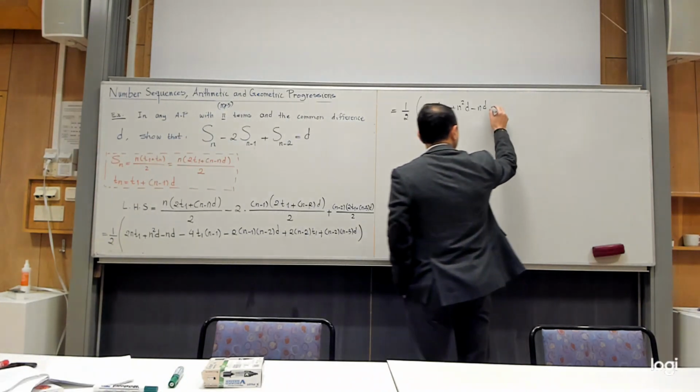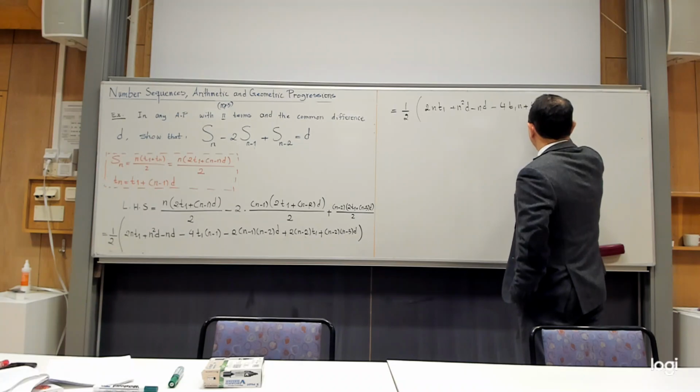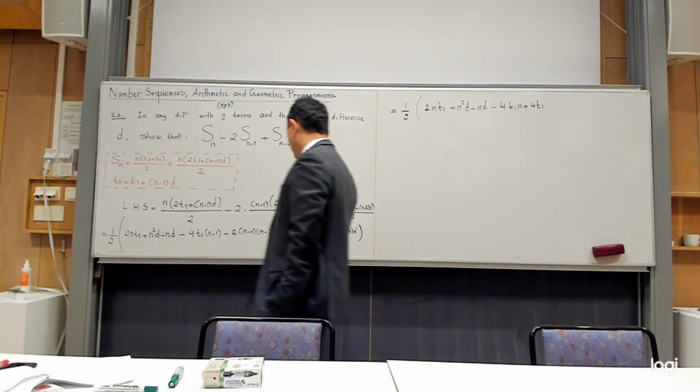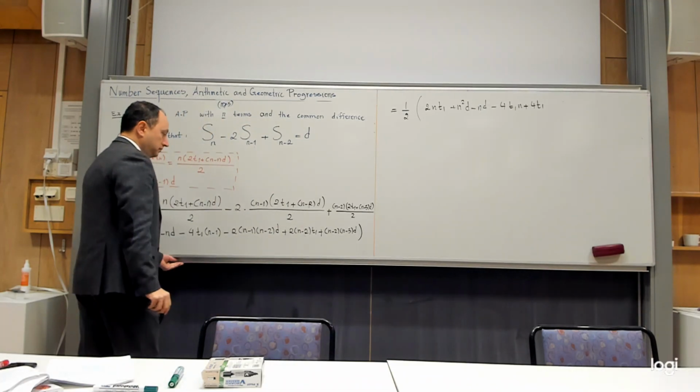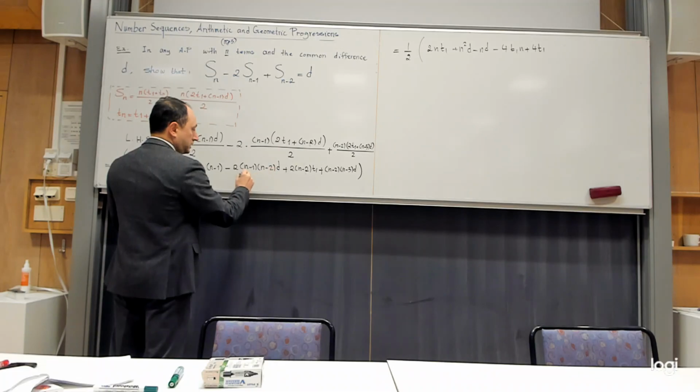So minus 4t1n, positive 4t1. Again, please watch my calculations. So here, I have to multiply all these things. So let me multiply these, n times n squared. It becomes n squared. Minus 2n minus n is minus 3n.